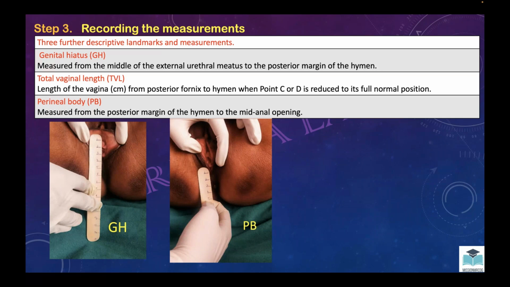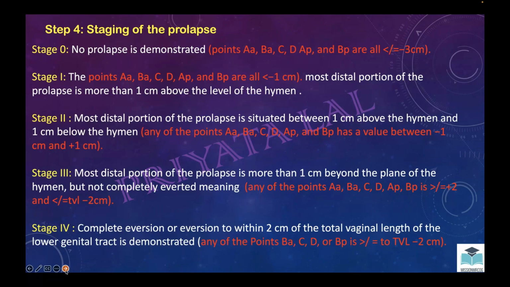Now staging. Once the measurement has been done, what will be the next point? The next point is that you have to do the staging. It is very easy. If all the points are less than or equal to -3, then it is stage 0, no prolapse. Stage 1 is when the points are less than -1.